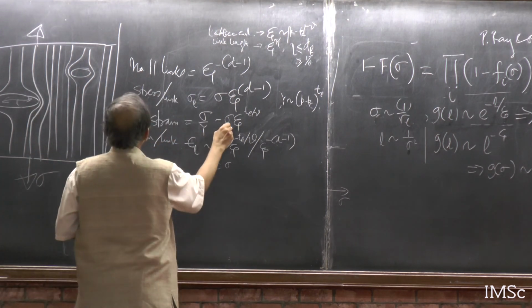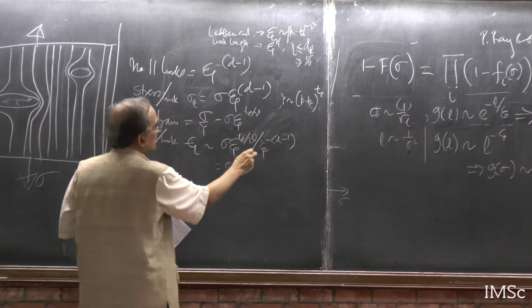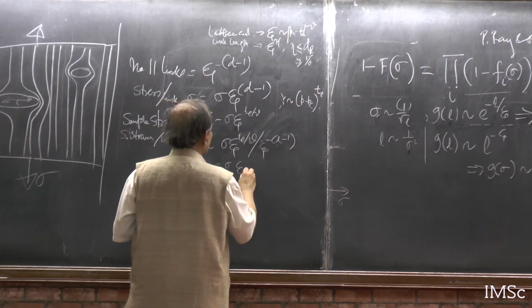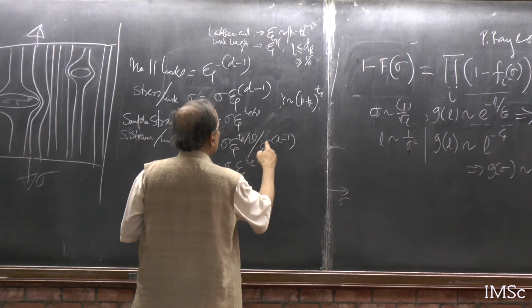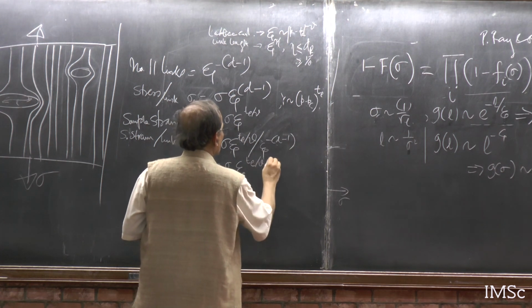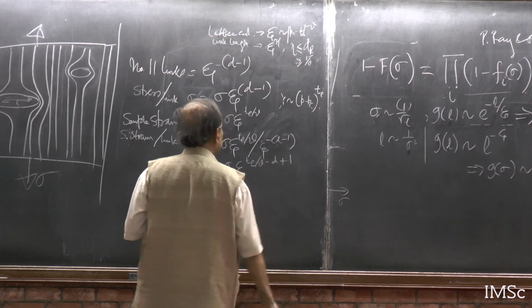So this is the total stress divided by how many links? These many links. So that is xi to the power Te by nu minus d plus 1.